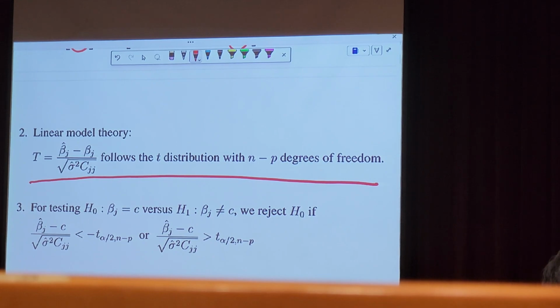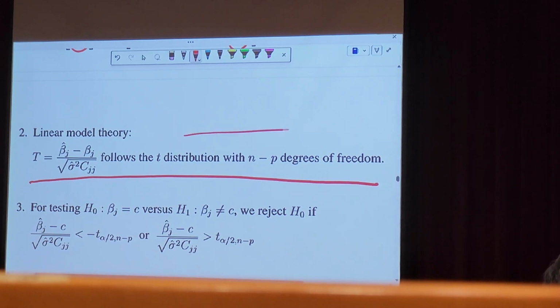Now for testing, suppose you want to test an individual regression coefficient, beta j equal to c versus beta j not equal to c, then this will be our test statistic. We will reject the null hypothesis if it is beyond this value.